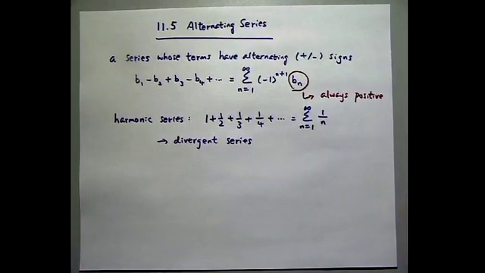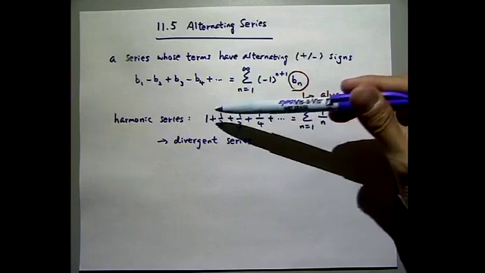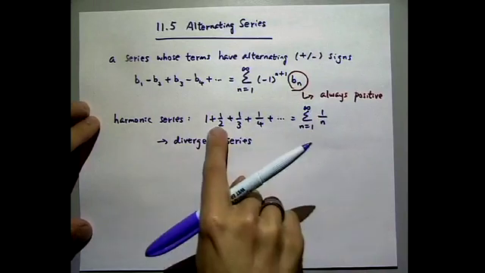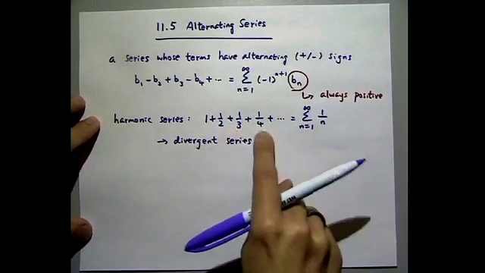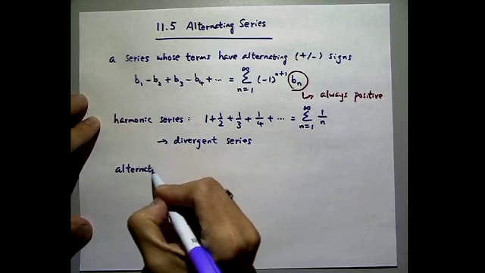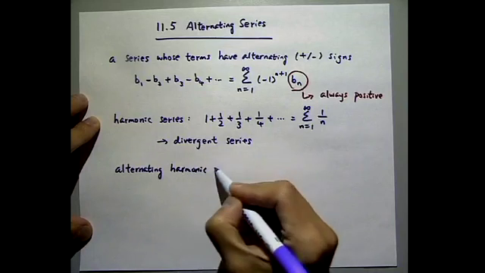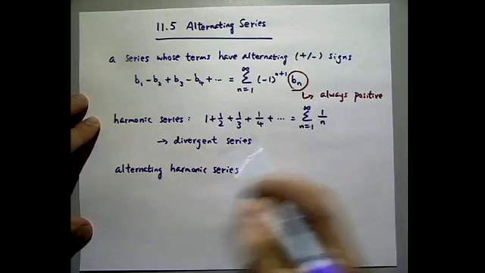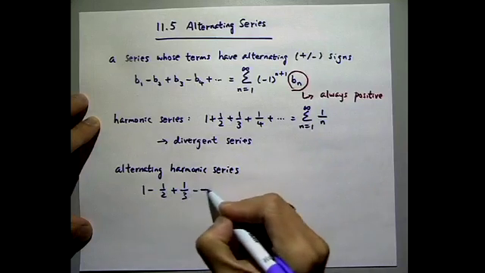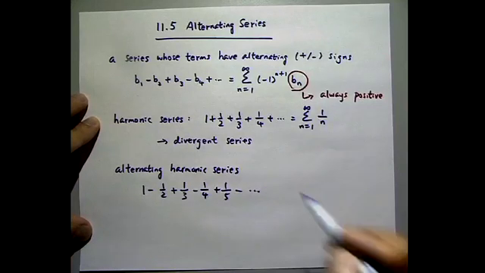But what we're going to do today is to change the signs of every other term. So instead of 1 plus 1/2, I'm going to do 1 minus 1/2 plus 1/3 minus 1/4. So we're going to come up with what's called the alternating harmonic series. One minus 1/2 plus 1/3 minus 1/4 plus 1/5 minus dot, dot, dot.